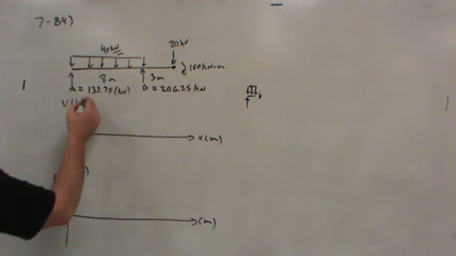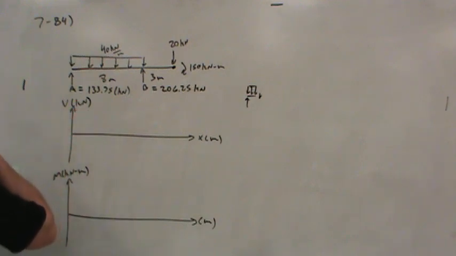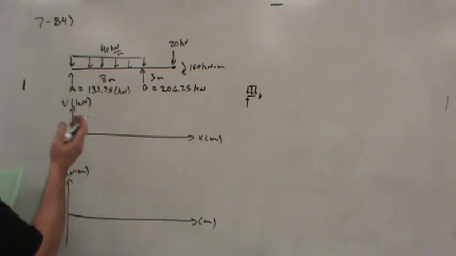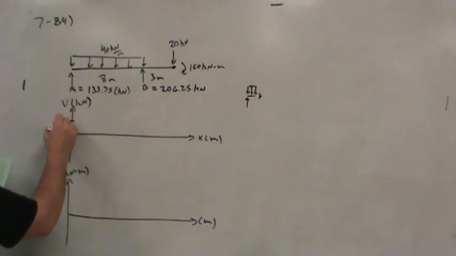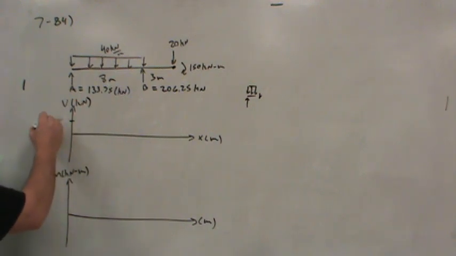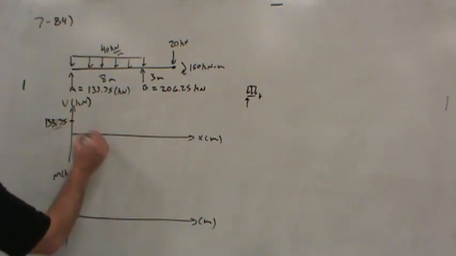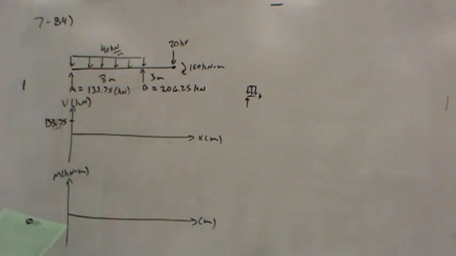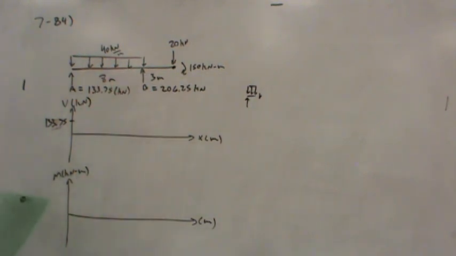And so the shear is simply equal to A. I actually ticked off a decent scale here, but oh well, I'll just make a rough estimate here. So 133.75 kilonewtons should be the value of shear initially. Now, of course, that shear decreases at a rate of 40 kilonewtons per meter. So over 8 meters, 40 times 8 is 320.